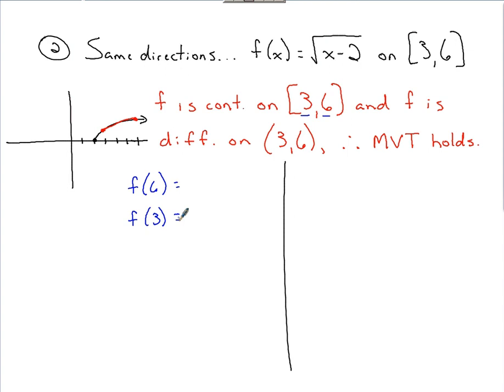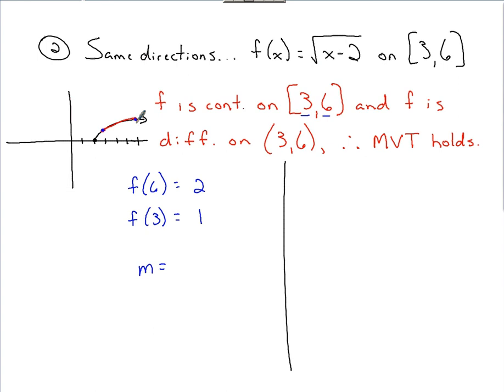You take 6 and plug back in the original function, you got the square root of 6 minus 2. So you get the square root of 4. Get 2. Take 3, plug in, got the square root of 3 minus 2, so that's square root of 1. Get 1. So we're going to do that to find the slope of the line that is essentially going through these 2 points here.